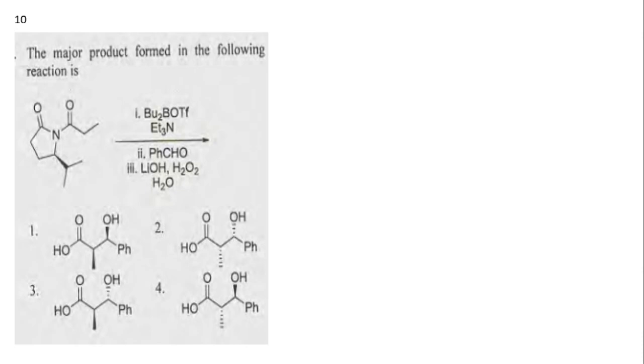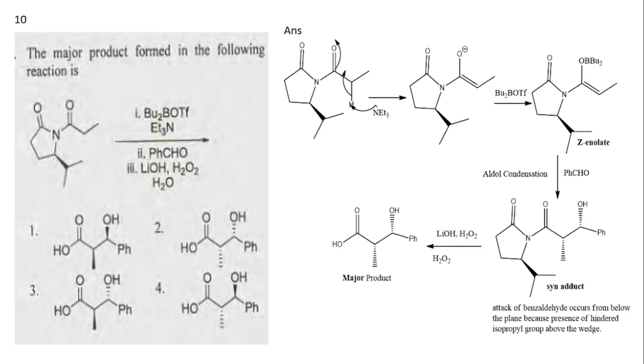Next, and the last problem, is the major product formed in the following reaction. Let's see. Here the substrate is this one. This is the oxazolidinone, which is used in the asymmetric synthesis of aldol condensation reactions also.